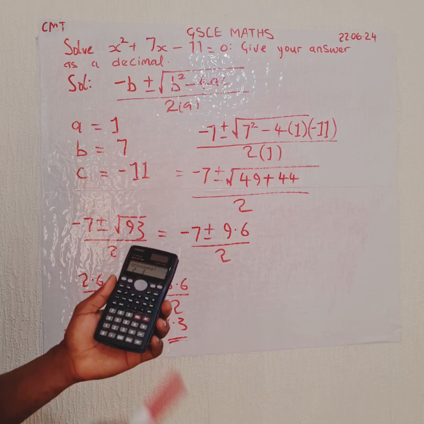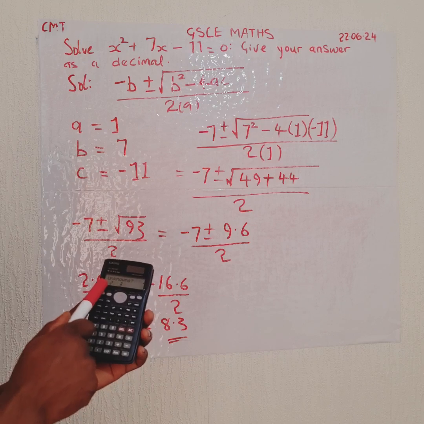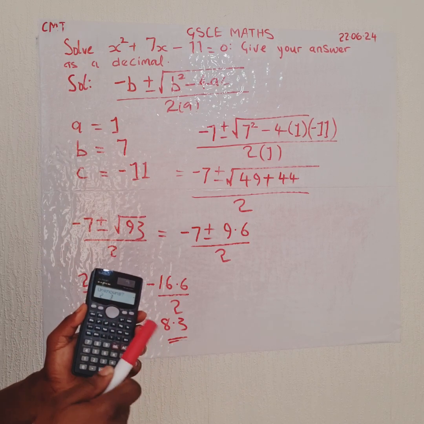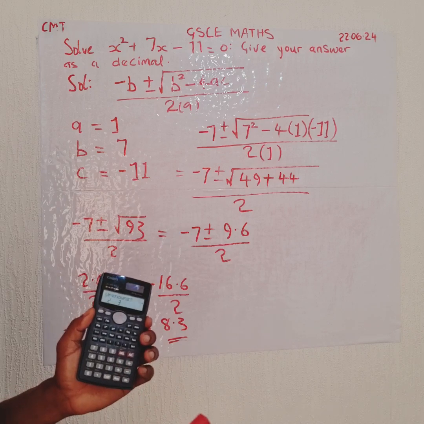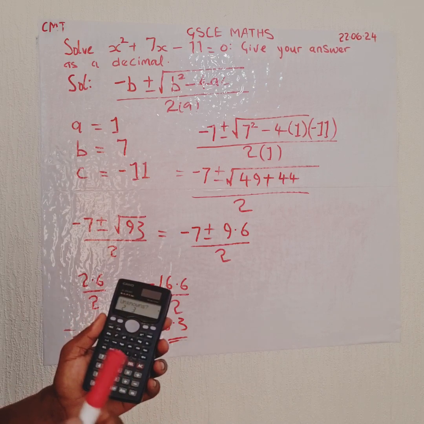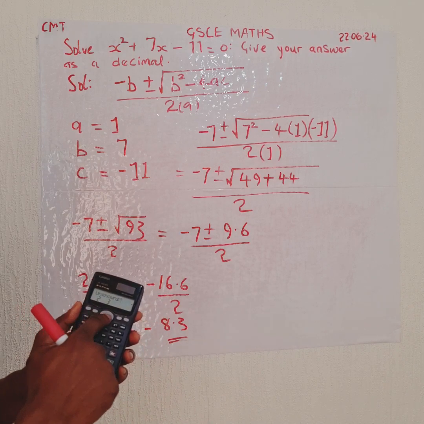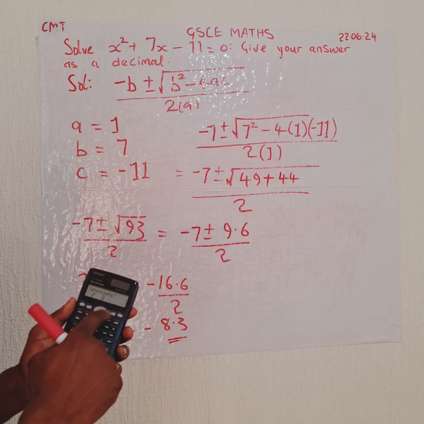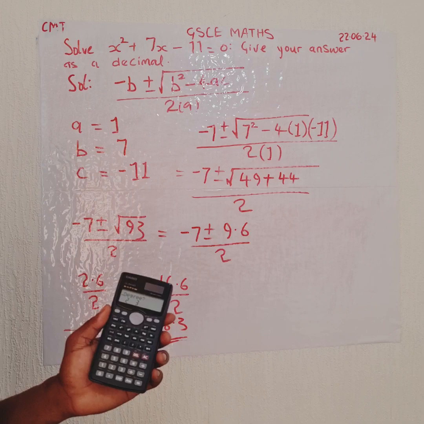When you press 1, it asks you, is it 2 unknowns or 3 unknowns? 2 unknowns is for 2 simultaneous equations. 3 unknowns is for 3 simultaneous equations. But if you just press the arrow to the right, it asks you a second question.